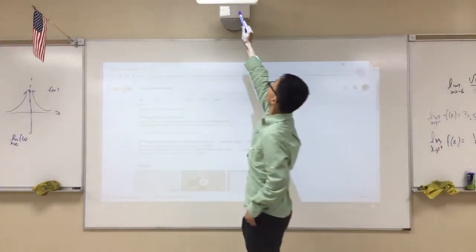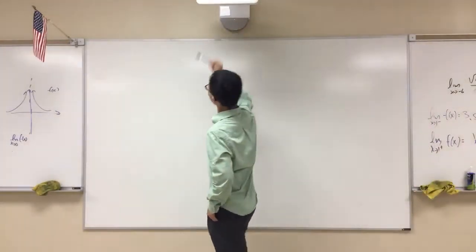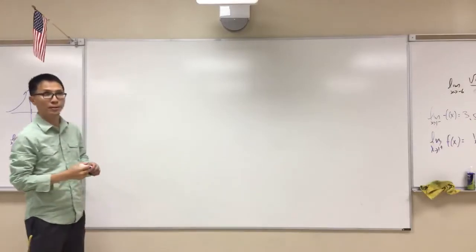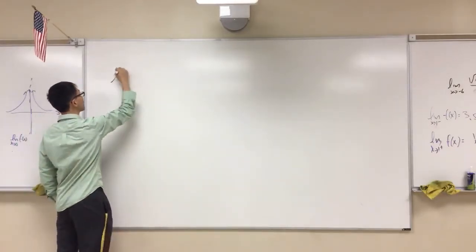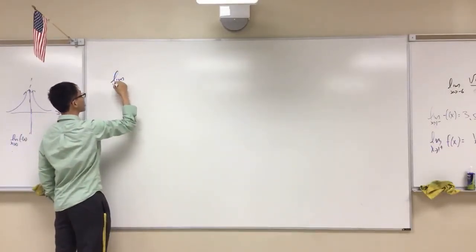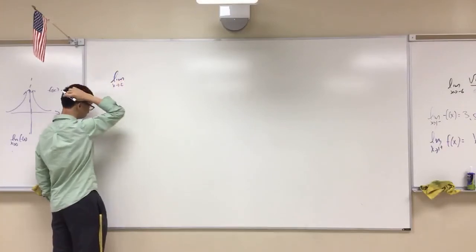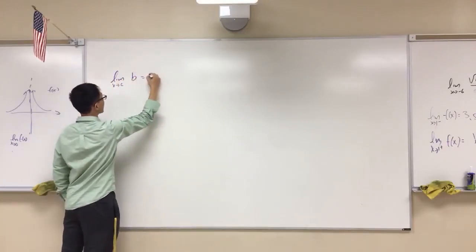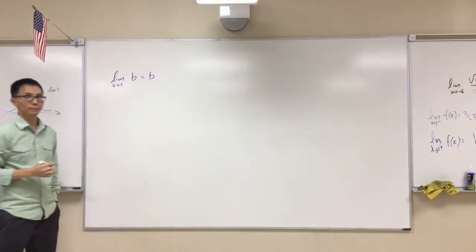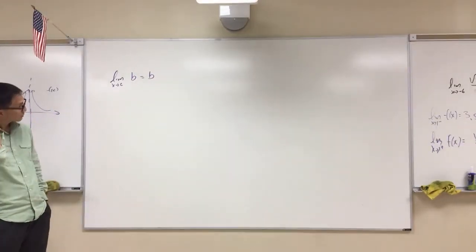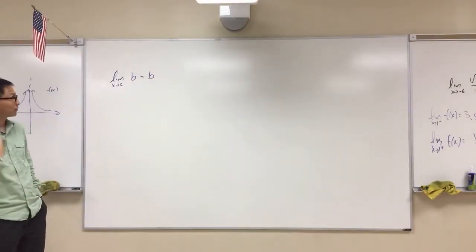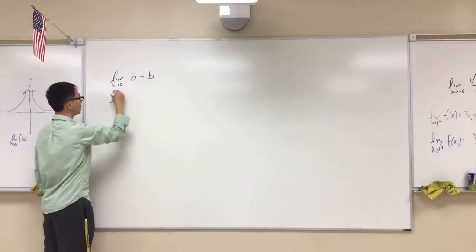So we're going to talk about a few rules. We're going to start with simple limits. The limit as x approaches c of b is equal to b. That's a pretty easy one. We're going to talk about the second one as well.